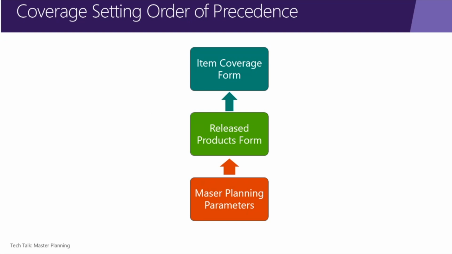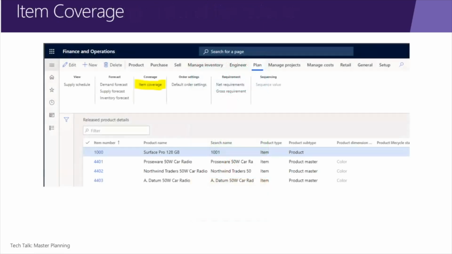We can define these coverage settings in the master planning parameters form, which is where the default setting for everything applies. Then those default settings we can override at the released products form. That's where we select what coverage group we need for the item, so that's at the group level. Then item coverage helps us define these coverage settings at an individual item level.